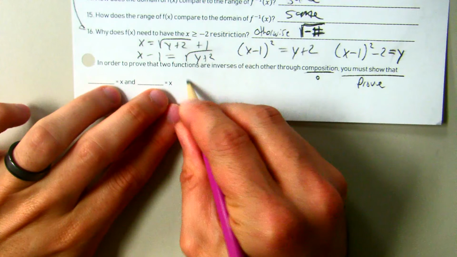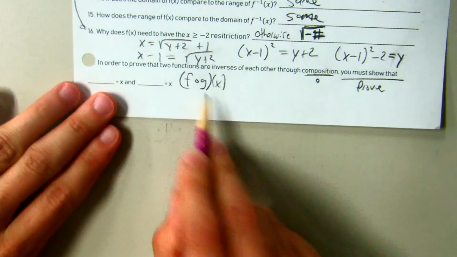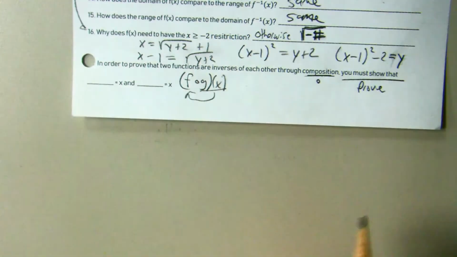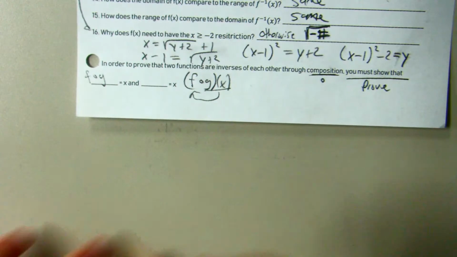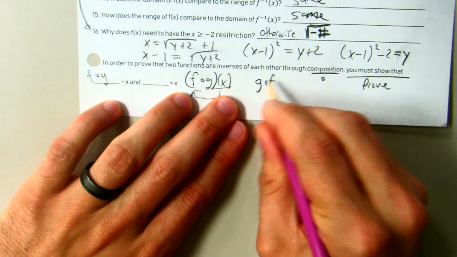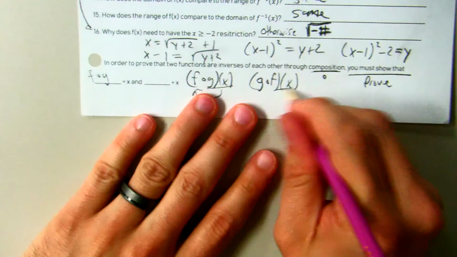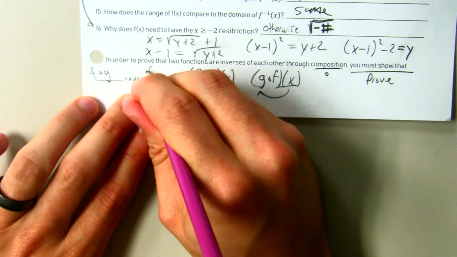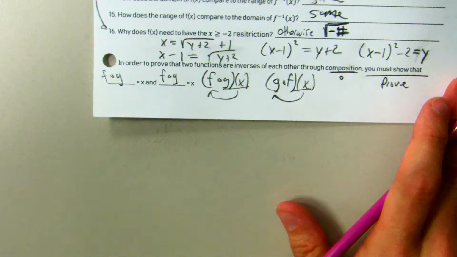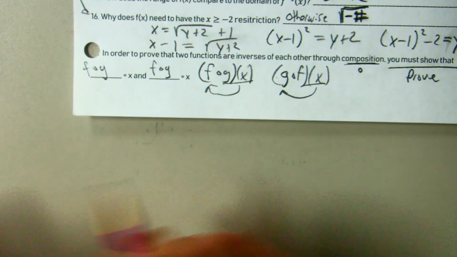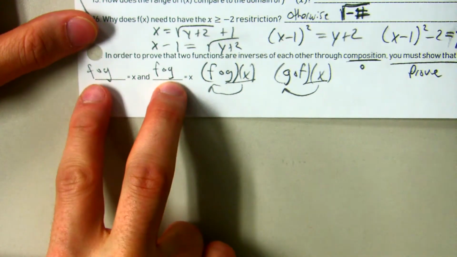So this is when we talked about if you plug G into F, it simplifies to X, and the mathematical definition says that also if you plug F into G, it would also simplify to X. So we did compositions at the same time because this is how you prove that two functions are inverses of each other.